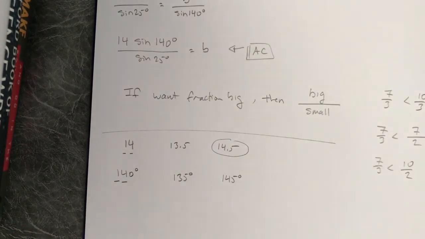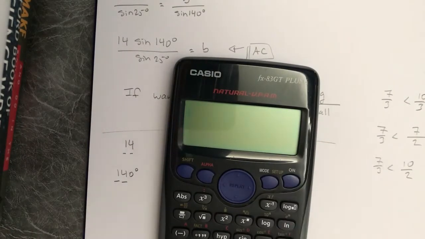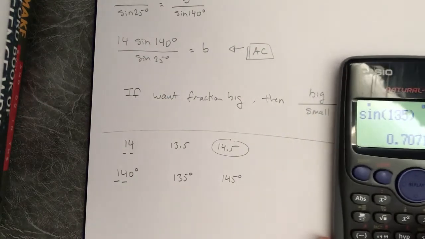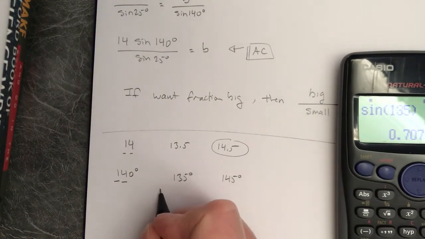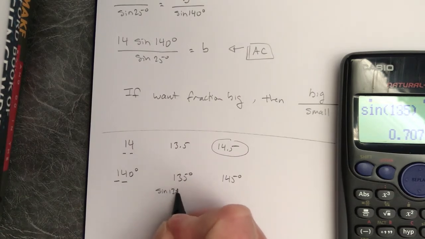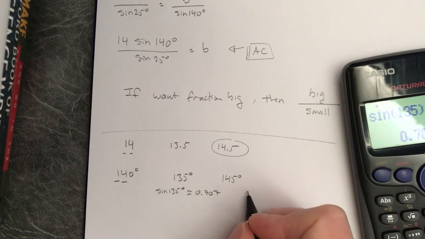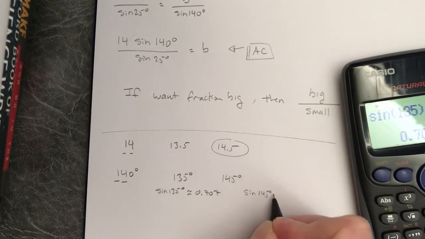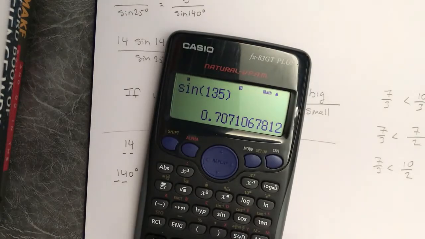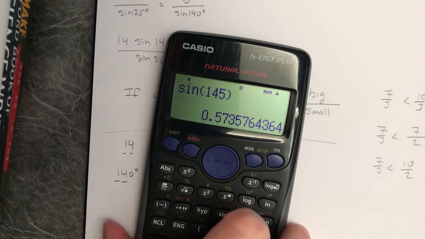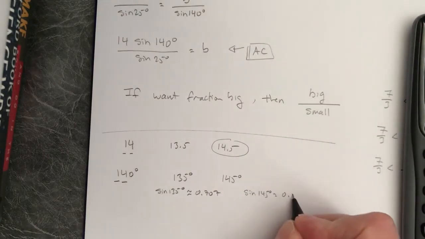So I'm not going to spend any brain power on it. I'm just going to slap it out in my calculator. So the sine of 135 degrees as a decimal is about 0.707-ish, and the sine of 145 is going to be about 0.573, so that's a lot smaller.